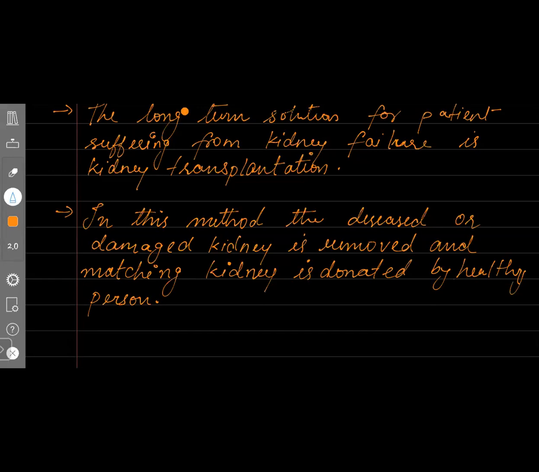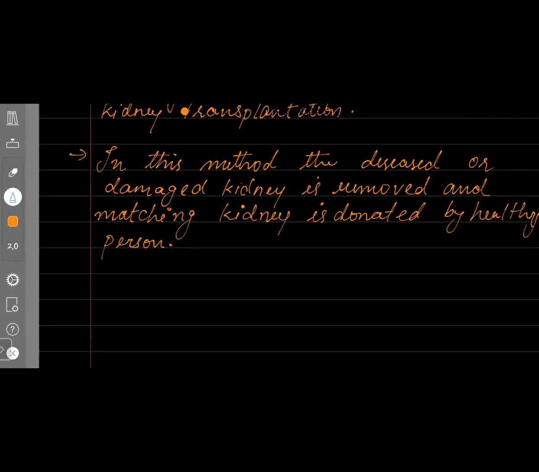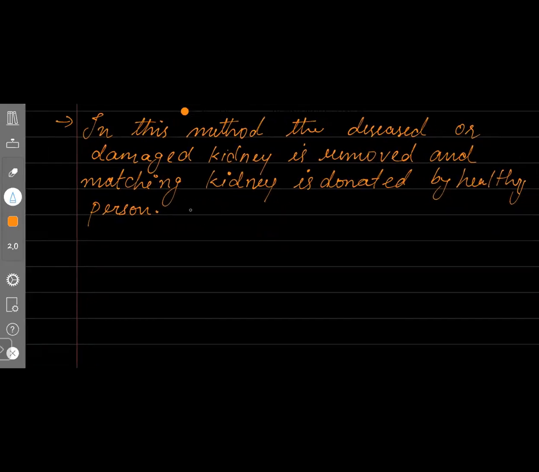How does a kidney stop working? When there is an infection, or some kind of a problem, or the cells are not working properly, or when it becomes aged, at that time the kidney will stop working. The kidney from a healthy person will be donated, and then transplantation will take place by surgery.